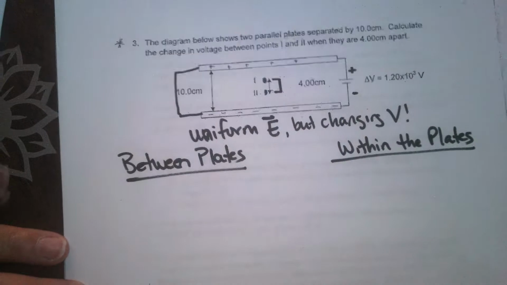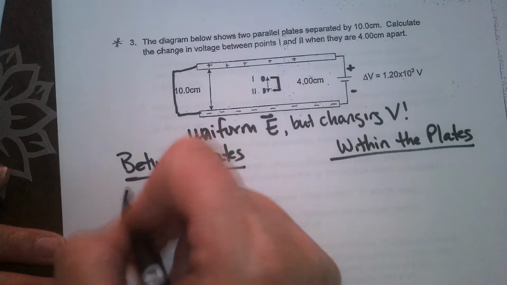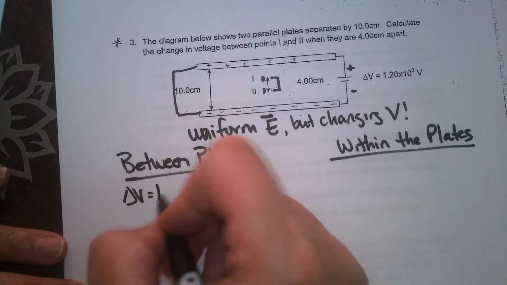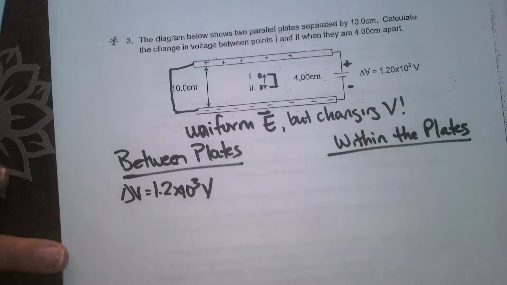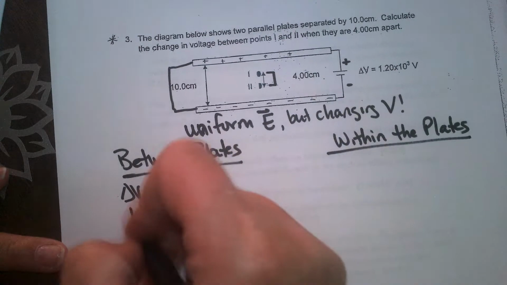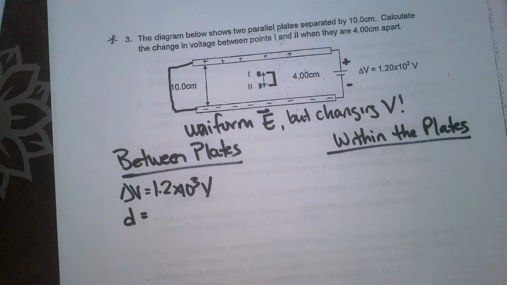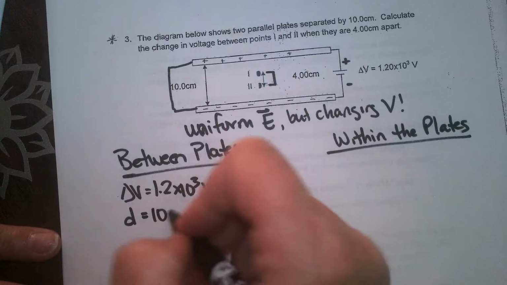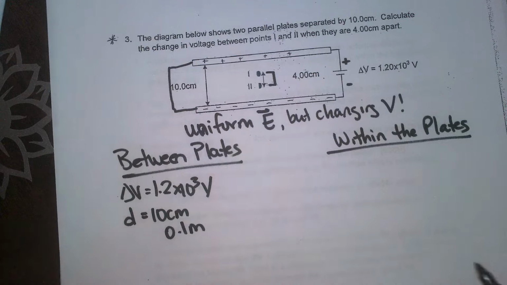Now, between the plates, this is where I'm going to put my information. Between the plates, my delta V is 1.2 times 10 to the 3 volts. And my distance between those plates is what? Between the plates, 10 centimeters, otherwise known as 0.1 meter.